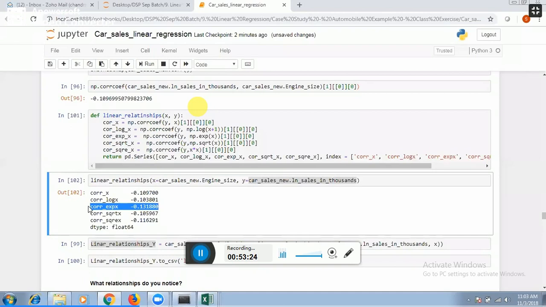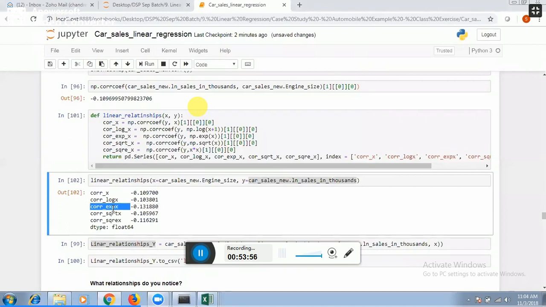That's the reason I was explaining the correlation coefficient concept. If the correlation coefficient is high, then you have a stronger linear relationship. So the correlation of the exponential of x is giving you a higher correlation with your y compared to any other transformation.